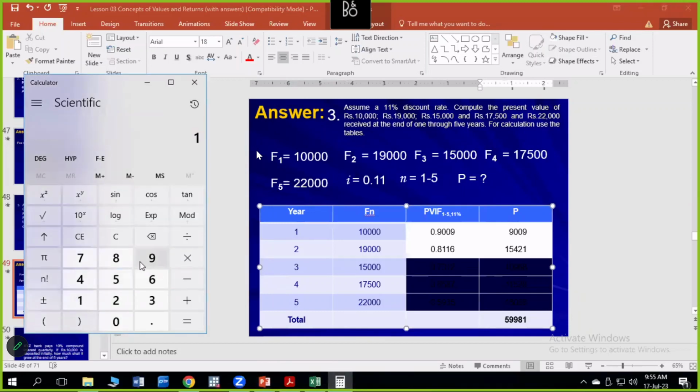You can check whether it's correct or not. If we use rounding, it should be 15,420.